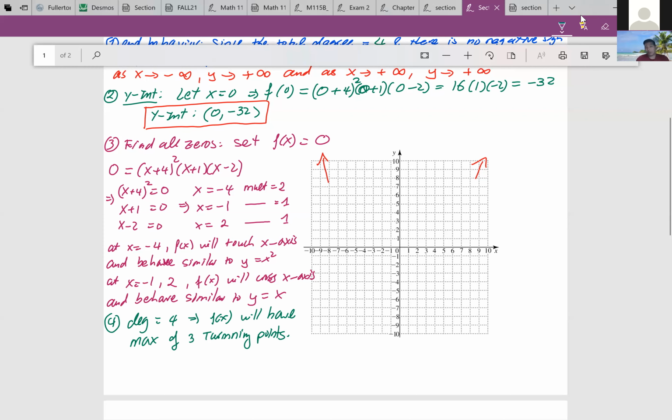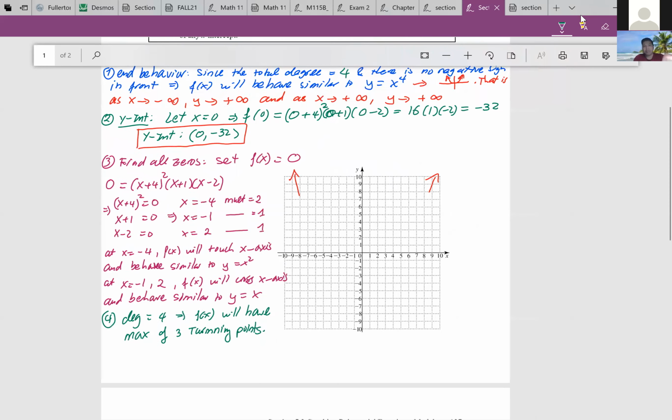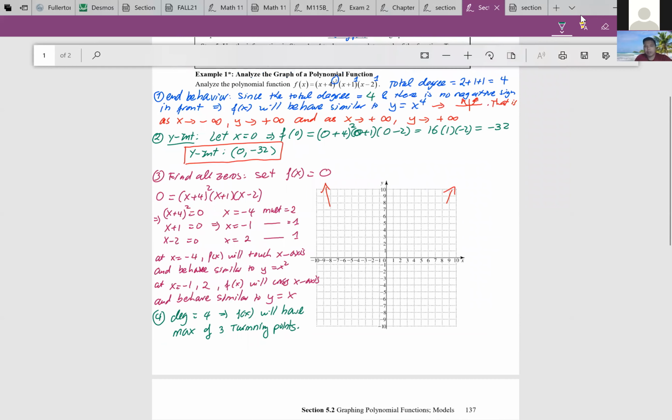It could be 2, could be 1, but the maximum it can have will be 3, right? So that when you make a sketch, you don't say, oh, let's throw in 5 turning points. It's not going to be possible because the number of turning points has to be less than the total degree that we are expecting.